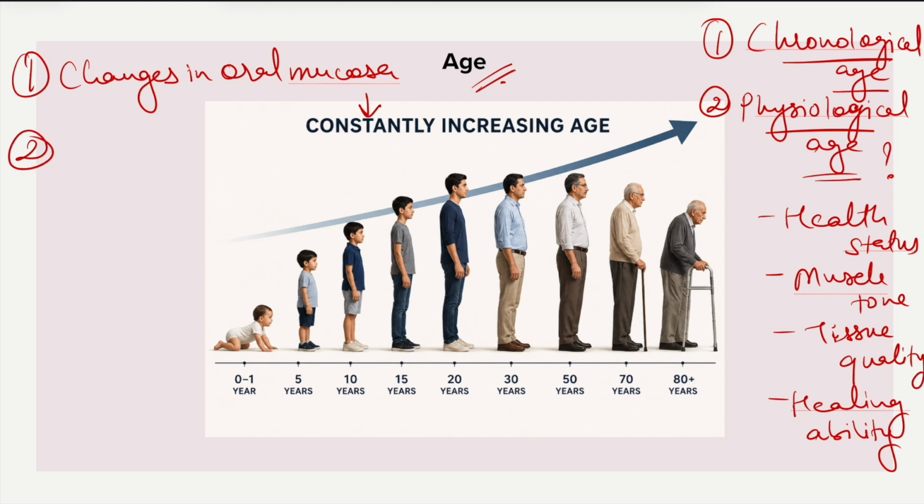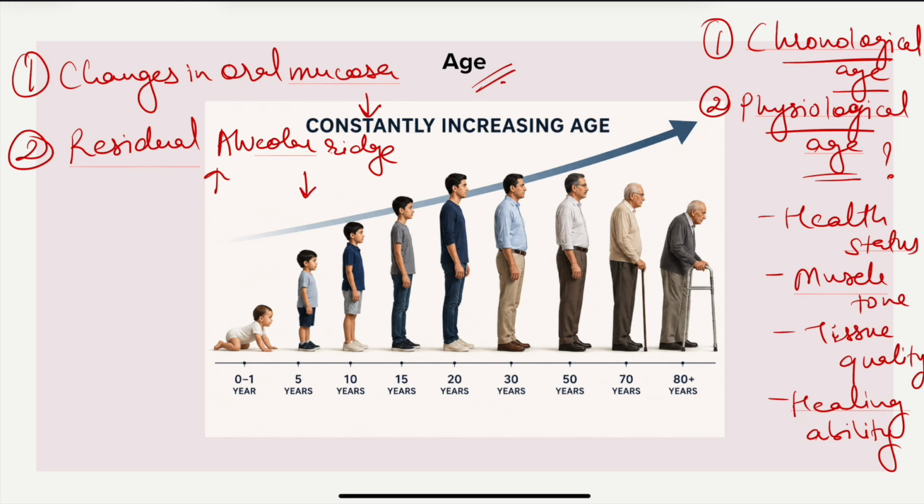Then, the residual alveolar ridge. Bone resorption progresses continuously after tooth loss. Consequences include reduced denture stability, reduced retention, and increased treatment difficulty.